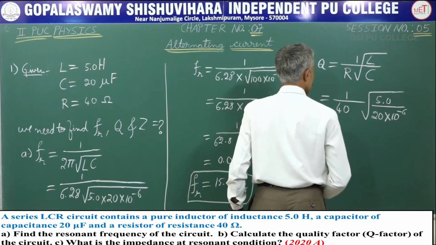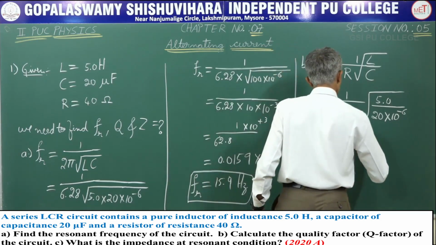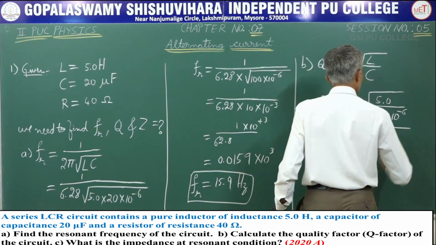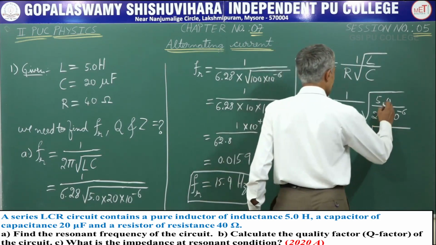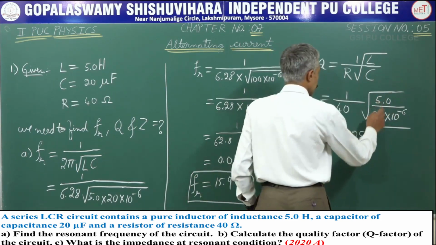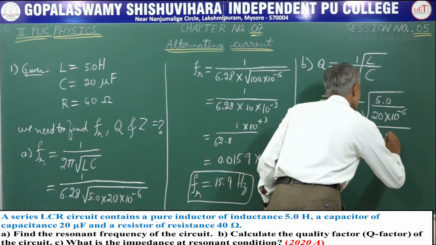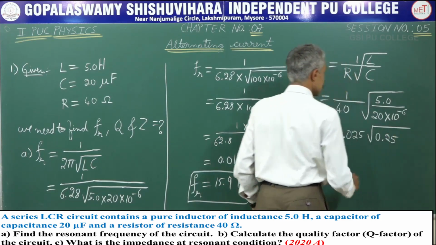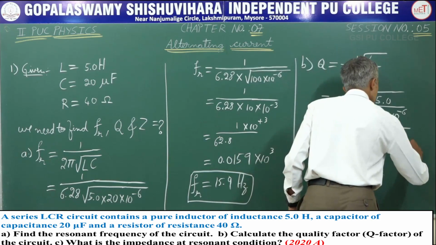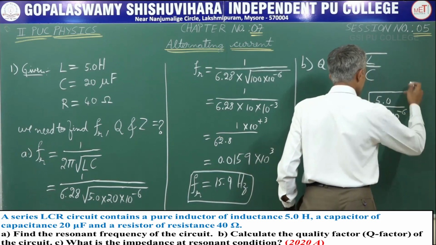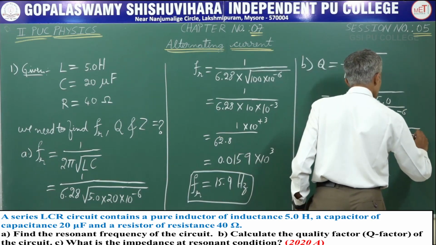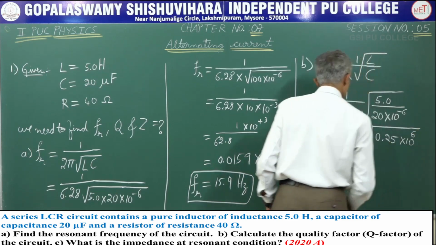So on simplification, we are going to get this as 0.025 into root of 5 divided by 20. 5 divided by 20, I will get this as 0.25 into 10 to power minus 6, to the numerator is going to become 10 to power plus 6.